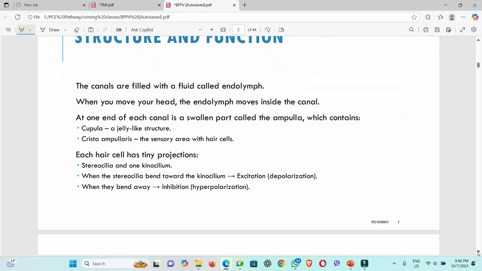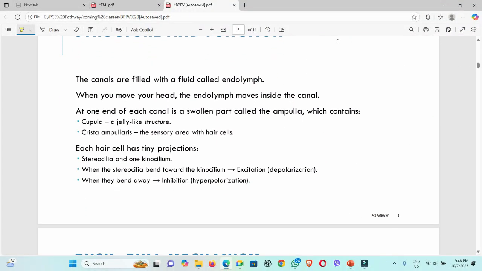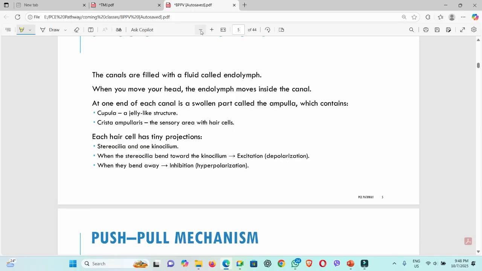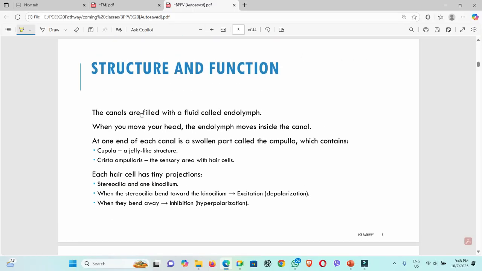Now structure and function. The canals are filled with a fluid called endolymph. Canal should have some fluid, right? As the name says, canal. Canal has water. So here, canals have fluid. It is called endolymph.